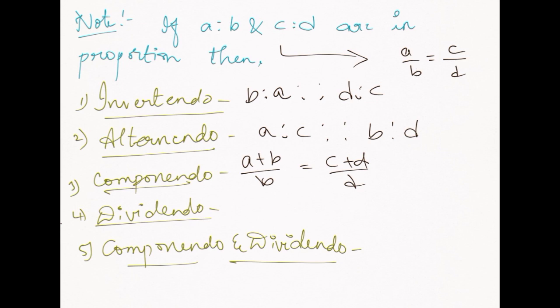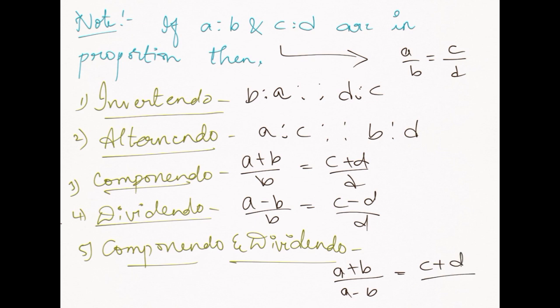Now dividendo is the opposite: a minus b by b equals c minus d by d. Now componendo and dividendo means in the numerator you will apply componendo, and in the denominator you will apply dividendo: a plus b by a minus b equals c plus d by c minus d.